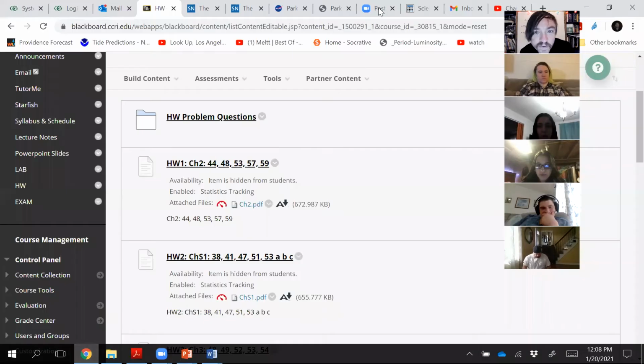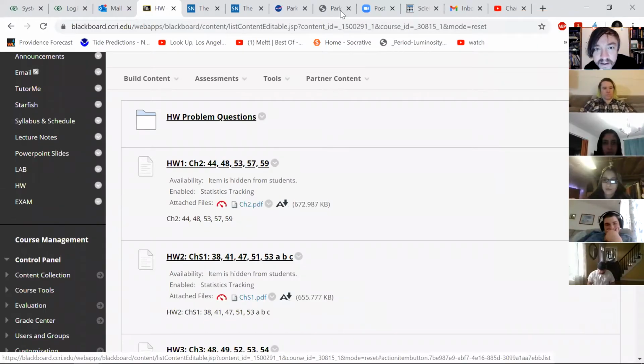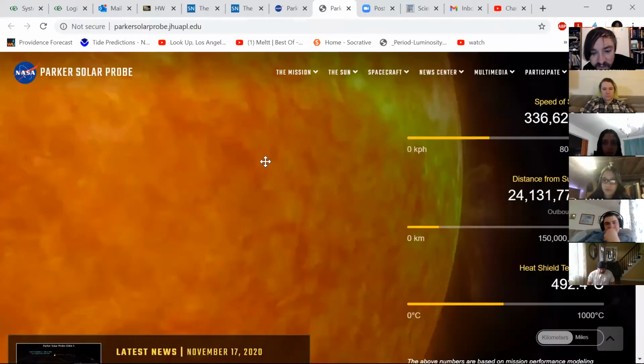But as you will discover in short order in this class, today we have rovers that drift across the surface of Mars. And we even have this badass probe known as the Parker Solar Probe, which is actually, can I get a little animation here of the Parker Solar Probe?